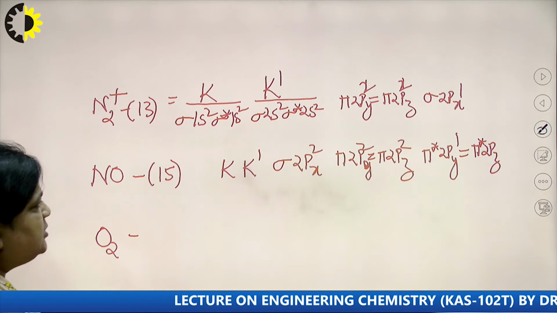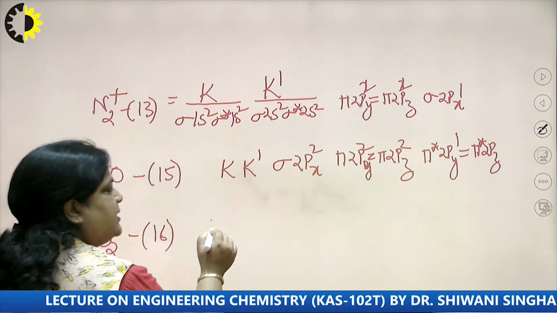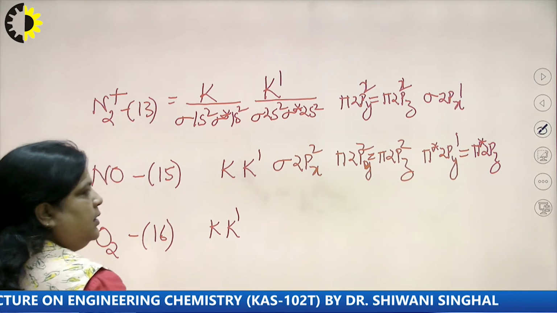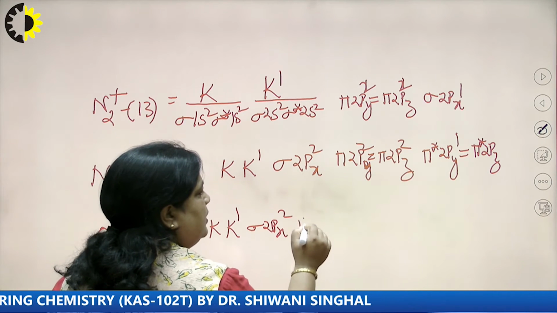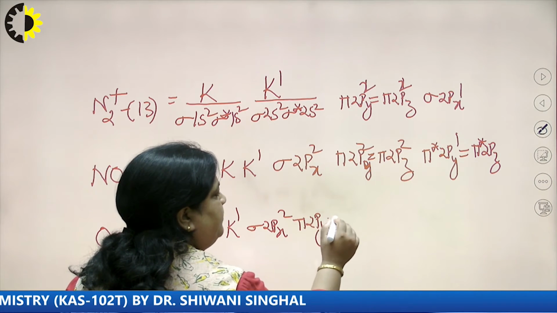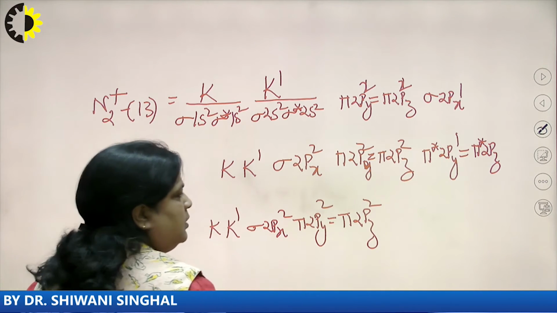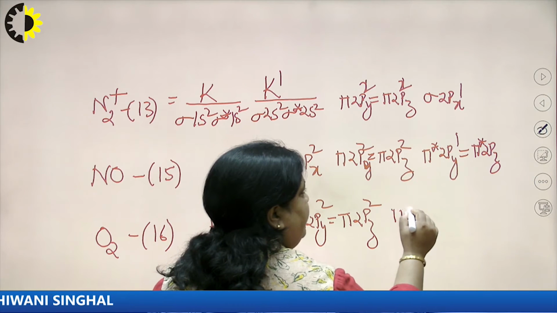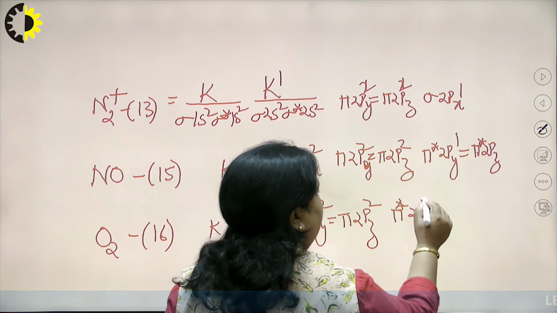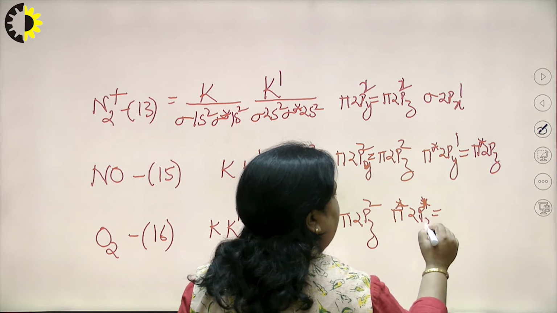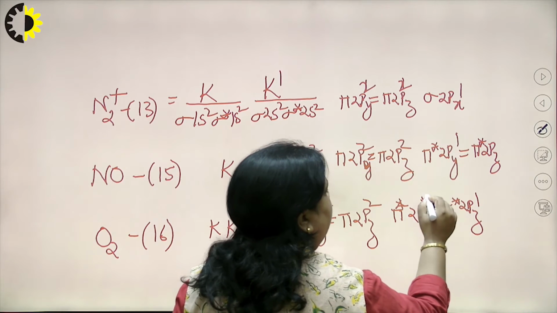So, again in the case of O2, it is 16, K and K dash. So, 8 is there. Now, 9th and 10th, sigma 2px, then pi 2py, pi 2pz, 2 2, and then the 15th and 16th electrons will enter in pi star 2py and pi star 2pz, 1 1.